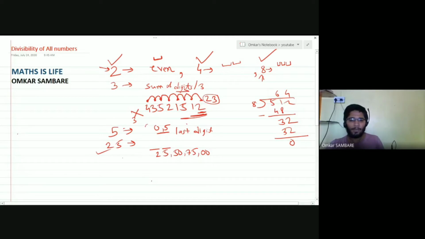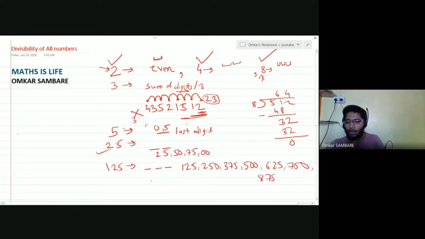by 25. We can create this for any large numbers which are powers of 5. Just like for 125, we can say if the last three digits are 125 or 250 or 375 or 500 or 625 or 750 or 875 or 000, then the number will be divisible by 125.